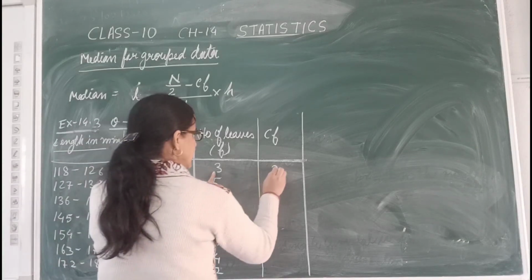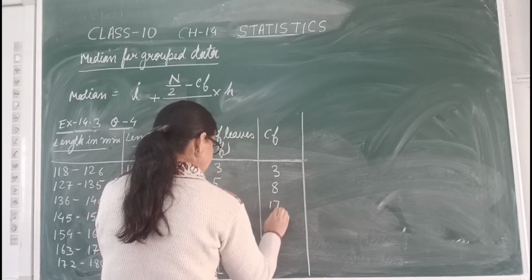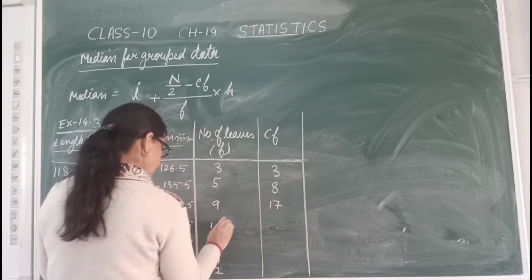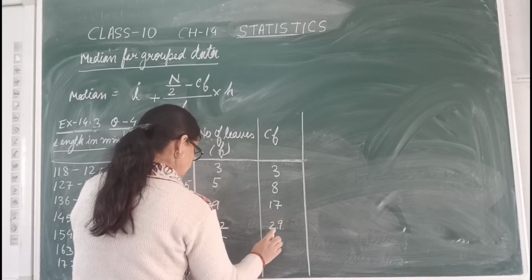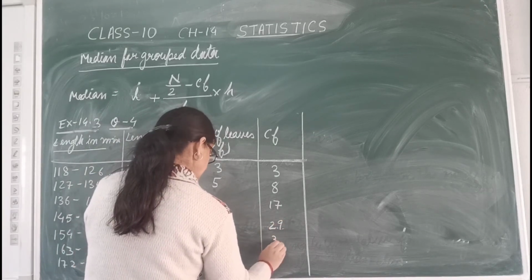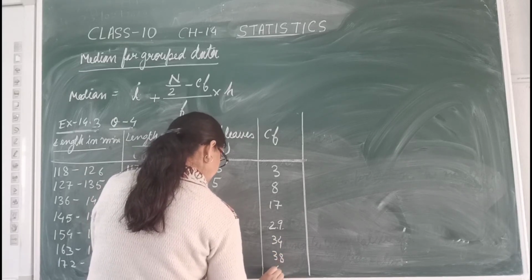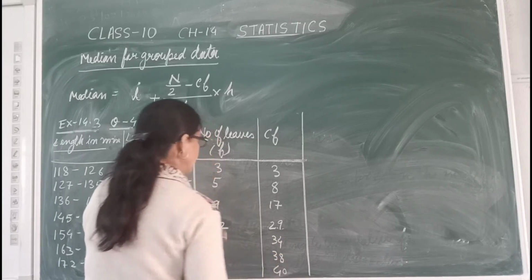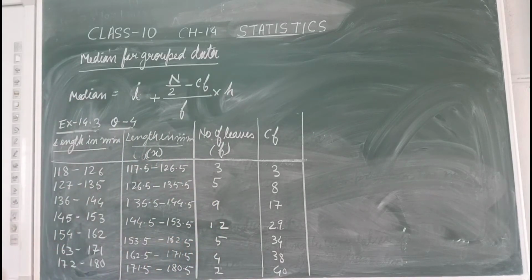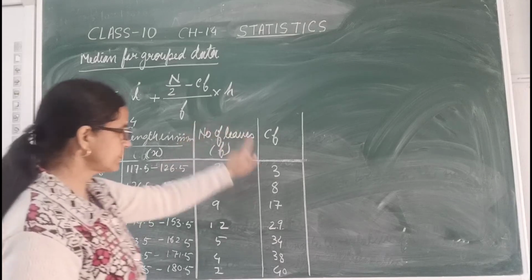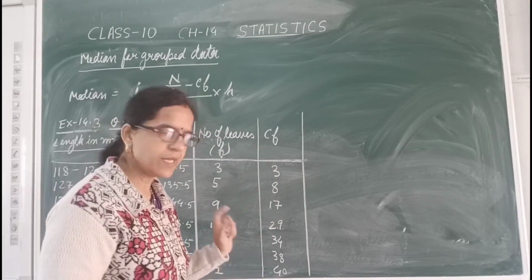Over here 3 plus 5 is 8, 9 and 8 is 17, then 9 and 12 is 29, then 34, then 38 and it is 40. In the question it is also given 40, the sum of all the frequencies, as 40 leaves. The last cumulative frequency is 40, so my calculation is correct.